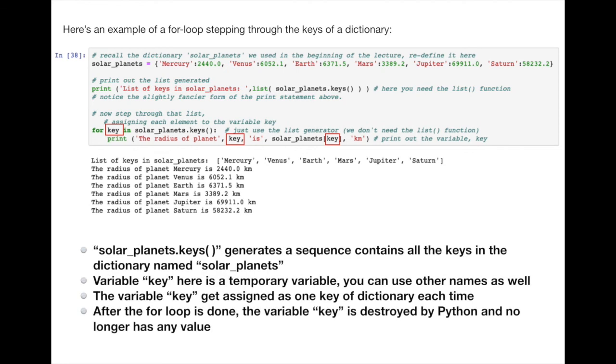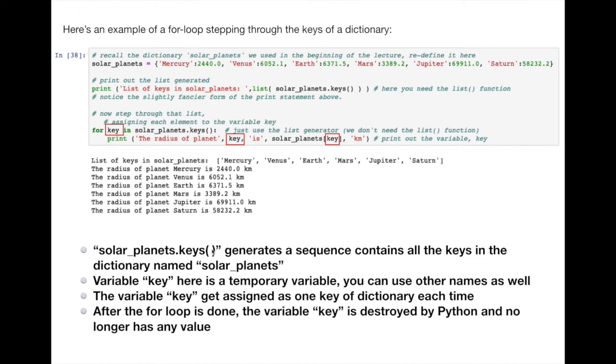And the program is finished, right? A couple of things to note: solar planets.keys generates a sequence containing all the keys, if you still remember from the dictionary data structure. And the variable key here is a temporary variable. It's also called the looping variable, and you can use other names as well.